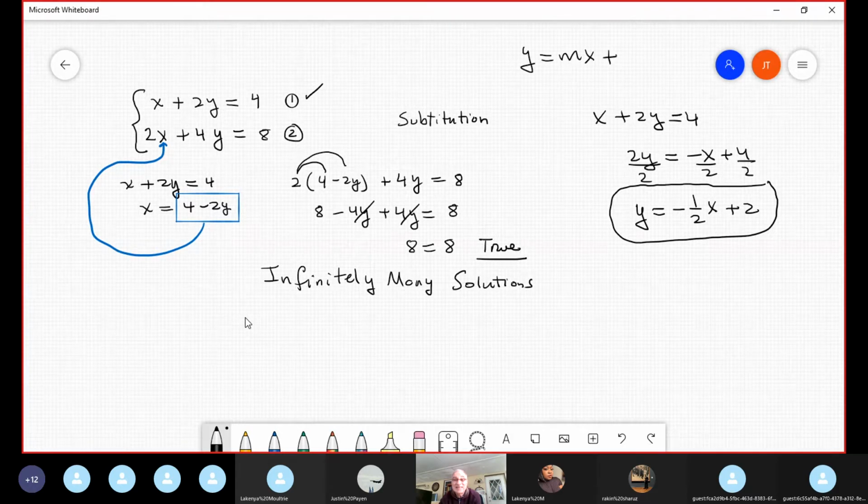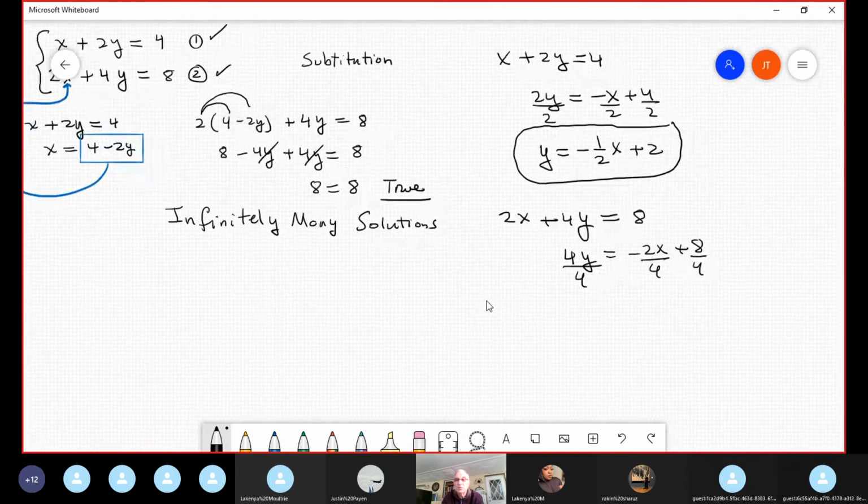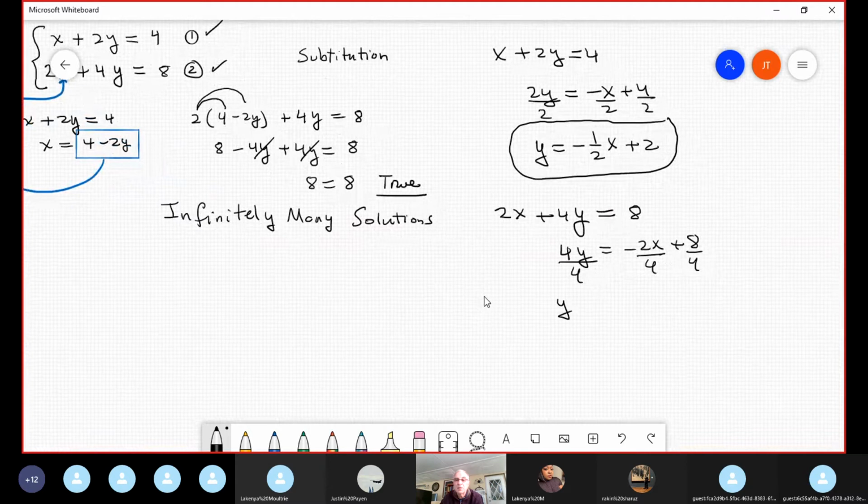We are doing exactly the same with equation number 2, and you see what happened. What surprise happened? 2x plus 4y equal 8. So y is equal to minus 2x plus 8 divided by 4, divided by 4, divided by 4. y alone is equal to negative 2 over 4, when you reduce to lowest terms, negative 1/2 x, and 8 divided by 4 is 2.